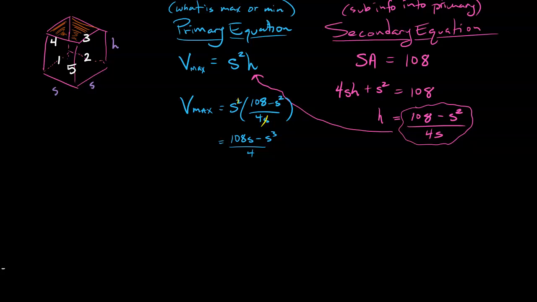And I can divide both of them by 4 to make it polynomial. 108 divided by 4 is 27. So I'd have 27S minus, this is like saying 1 divided by 4, so I would have 1/4 S cubed.